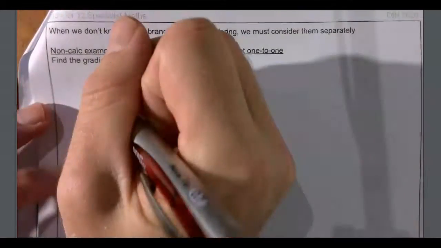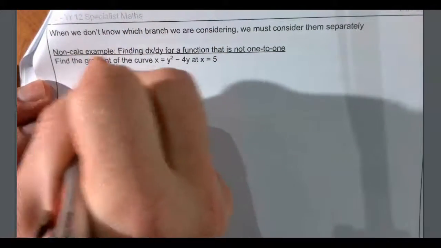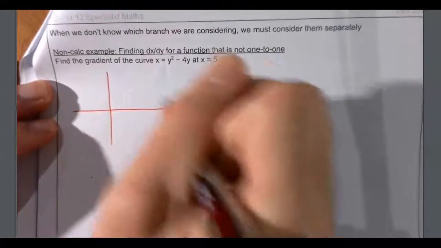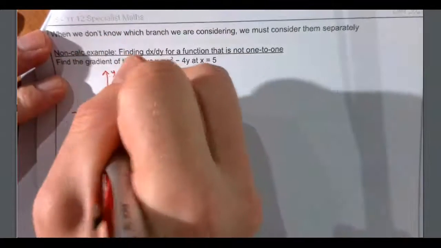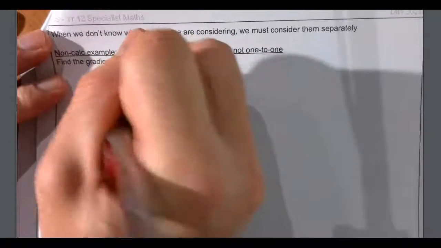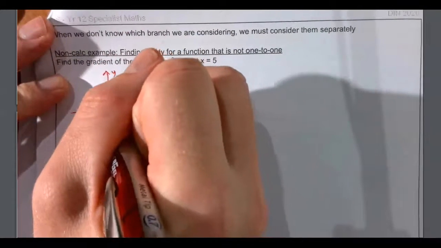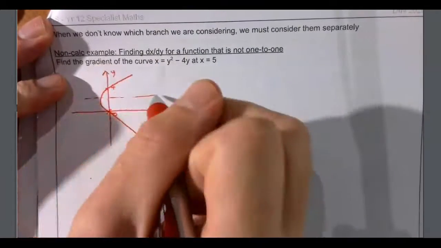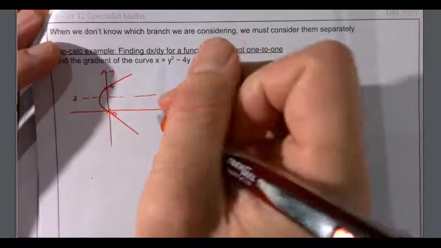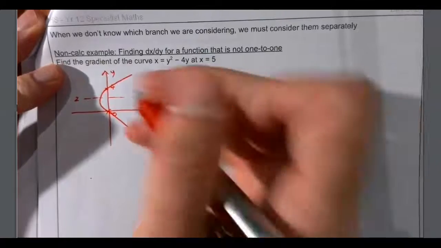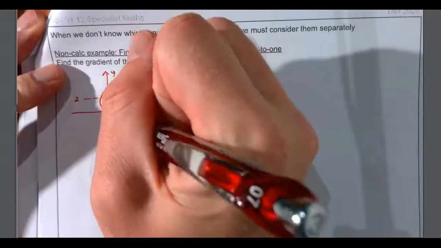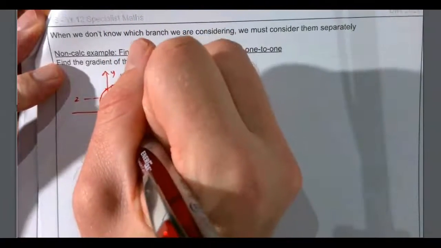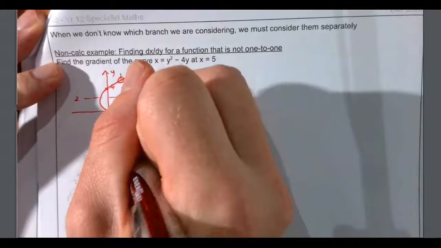Okay, so if we take the same sketch that we had before, hopefully this is exactly what you did. We have it crossing at 2 points at 4 and 0, and we have the symmetry around 2. Well, here our condition is x equals 5, which is a vertical line, giving me 2 possible solutions.